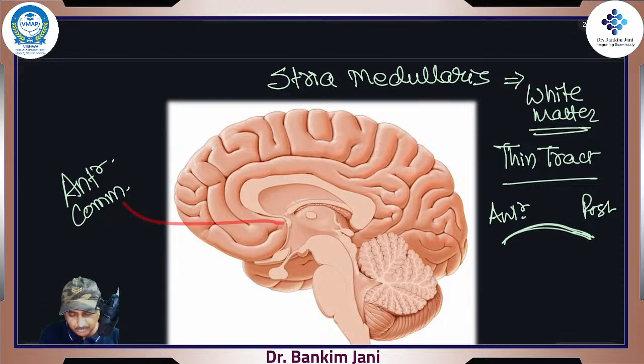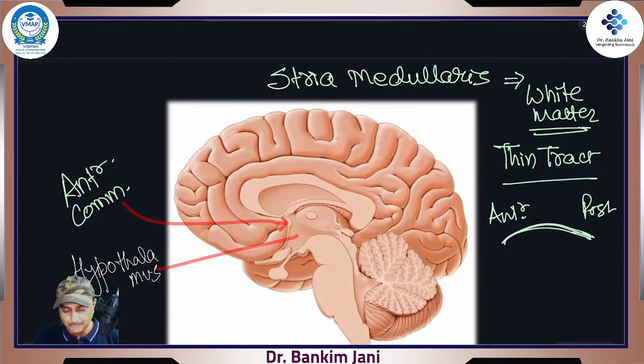But one more thing is there over here, that is the hypothalamus. So when the tract is going all the way from anterior to posterior, it will take signals from the anterior commissure and the hypothalamus.